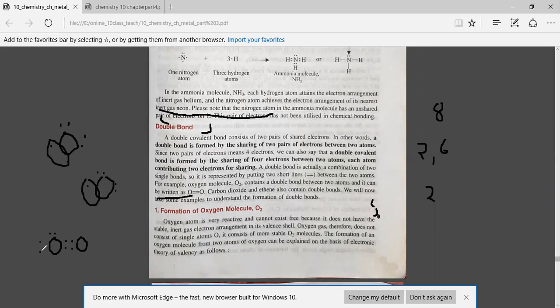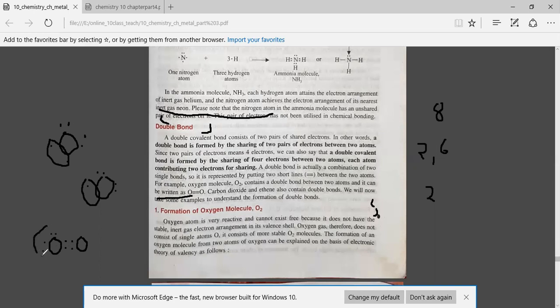And we already have six electrons. This is four. So one, two, three, four, five, six. So it has six electrons.